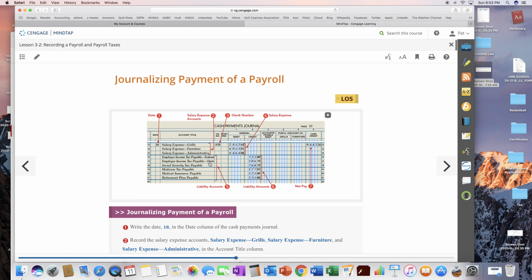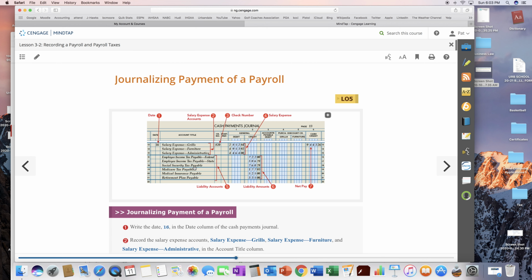When we took a certain percentage, 2% of our total earnings, to pay state income tax, we would have said state income tax. Now we're calling it employee income tax payable state. So these are new names for things that are actually in the journal. Total earnings for grills, furniture, administration, salary expense. Federal income tax is called employee income tax payable federal. State income tax is employee income tax payable state.